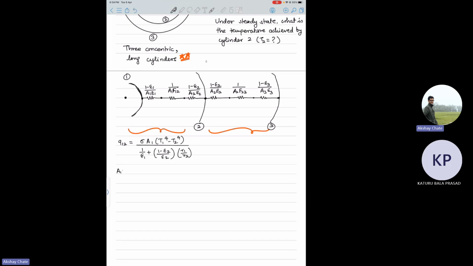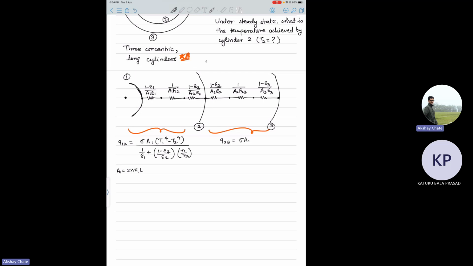And A1 is nothing but 2 pi R1 into L. Here L is not given, so we'll divide everything in terms of heat transfer per unit length. That is also possible. On similar lines between 2 and 3, just replace 1 by 2 and 2 by 3 in our formula.